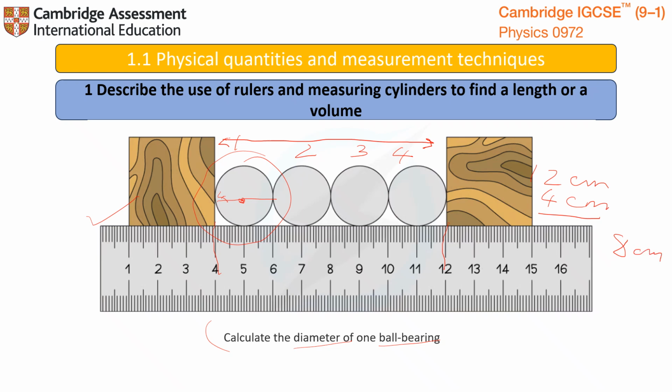So 8 centimeter is the complete distance of 4 ball bearings. So when we divide this distance by 4, we get 2 centimeters, which is the diameter of one particular ball bearing. So the answer is 2 centimeters.